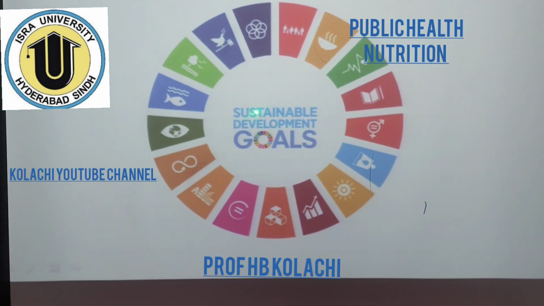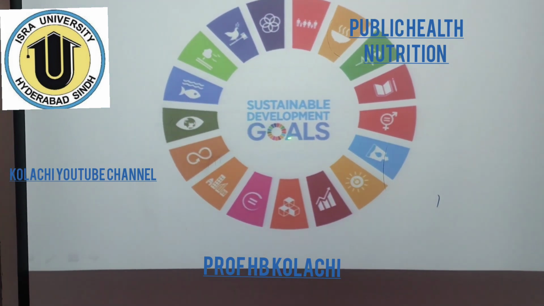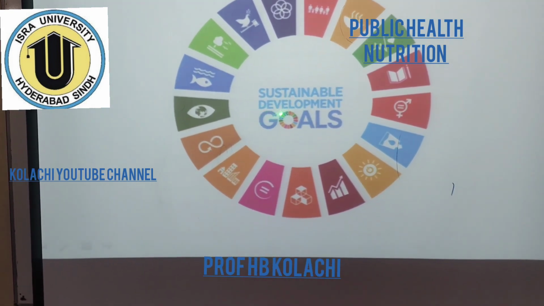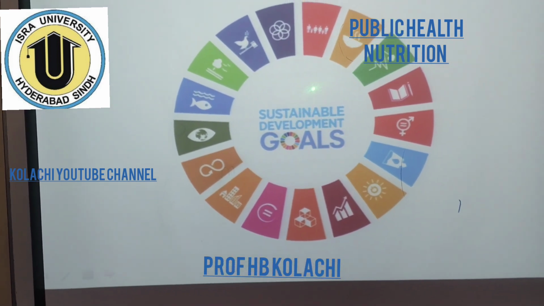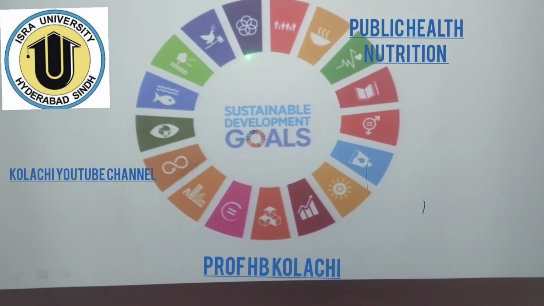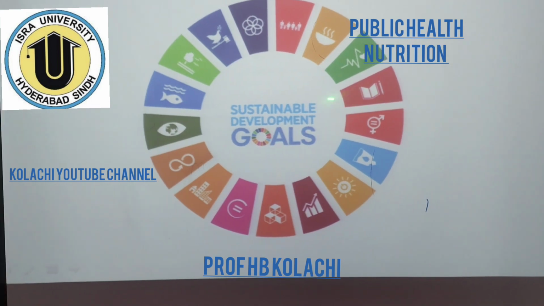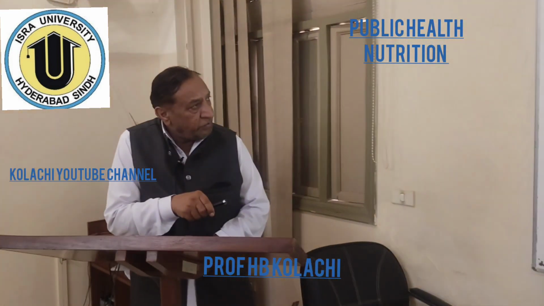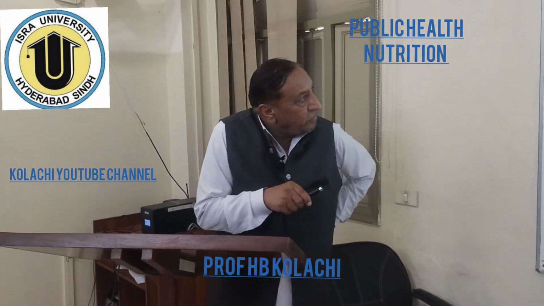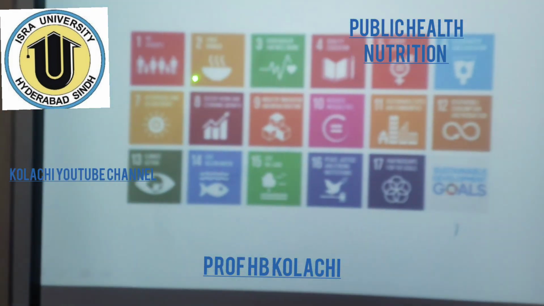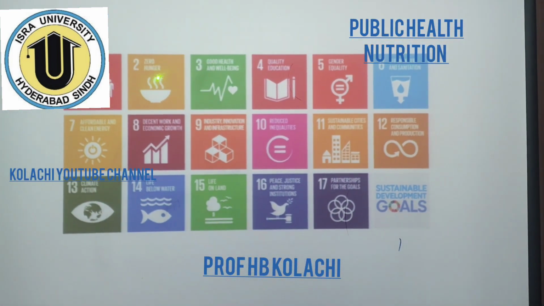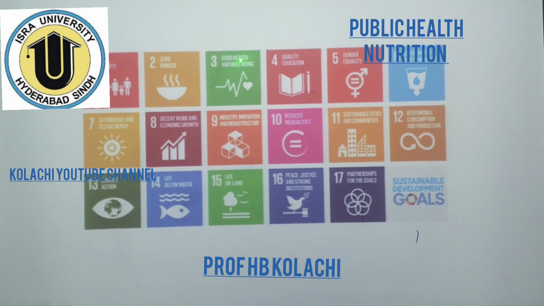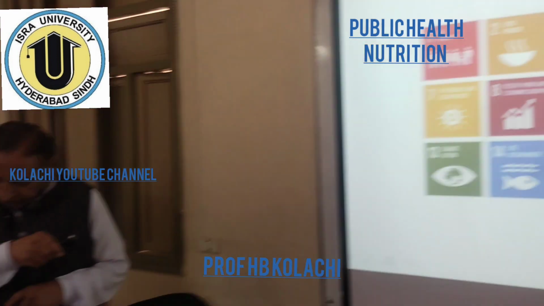For development, there are the Sustainable Development Goals, commonly known as SDGs, which are to be achieved. Goal 1 refers to poverty, goal 2 is hunger, and then comes health.